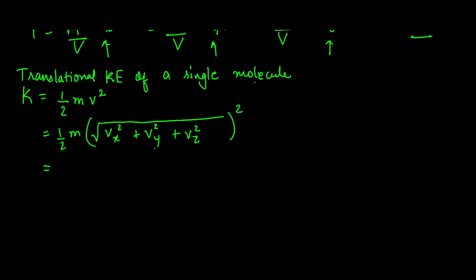Now if I square this, the square root would be gone, so I will get half m (vx square plus vy square plus vz square), all of this being in a bracket, right? So this is the translational kinetic energy of a single molecule, right? Are these three steps clear?